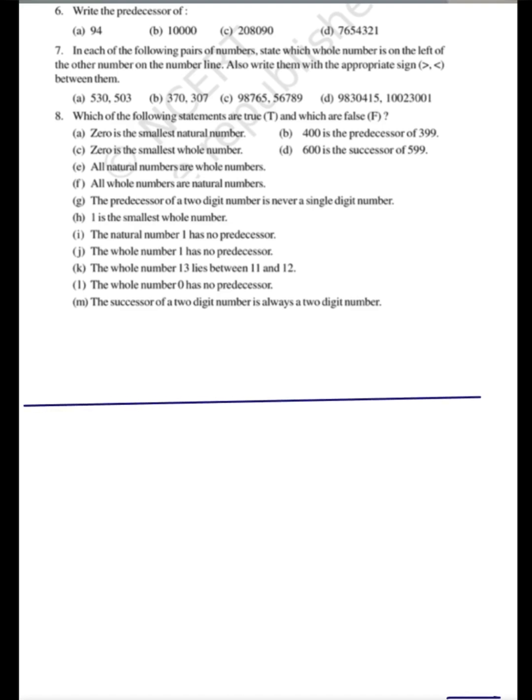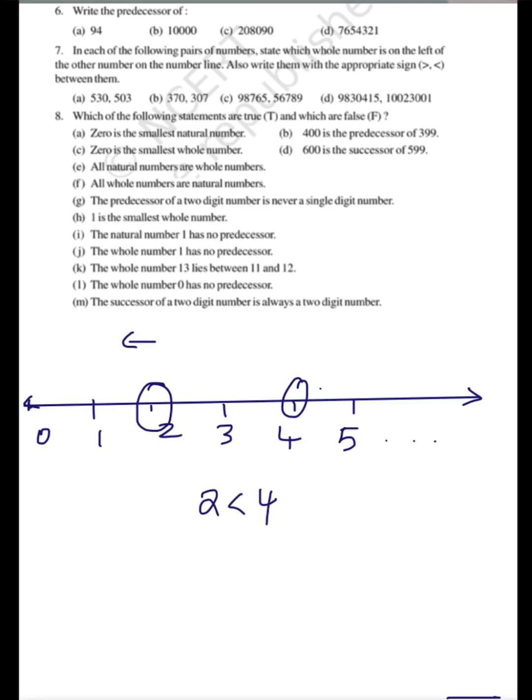So you know that if this is a number line, suppose this is 0, this is 1, 2, 3, 4, 5. Okay, number line is going in this way. So you know that this 2 will always be less than 4.